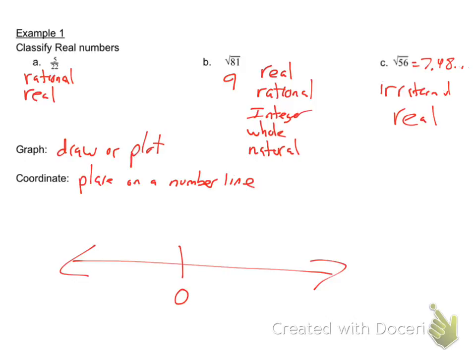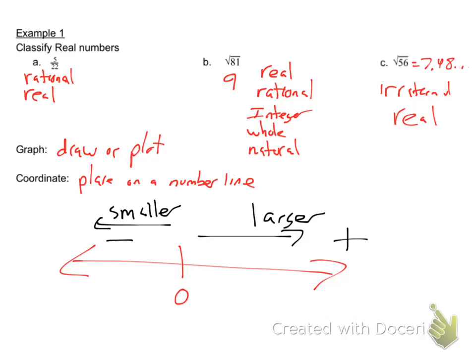But we have a general rule here, and the general rule says that as I go this way, the numbers get larger. This way, they get smaller. They're positive over here, while they're negative to the left. Right? We talked about that.